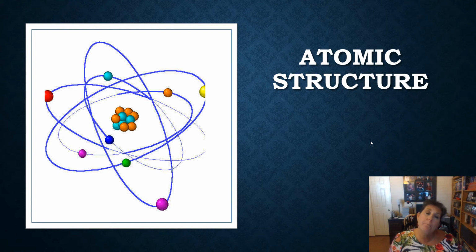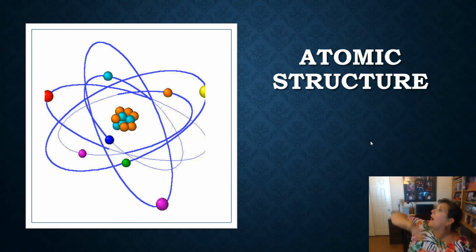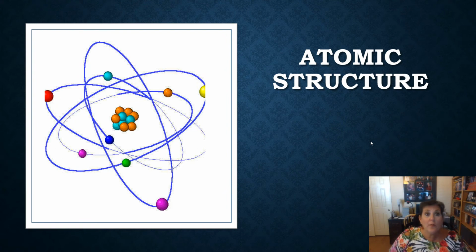Now, all the mass of the atom is in the nucleus because the protons and the neutrons are the biggest particles in the atom. Then there's particles going around the outside of the atom. Do you know what those are called? Yeah, those are called electrons. But according to this picture, they're as big as protons and neutrons, and that's wrong.